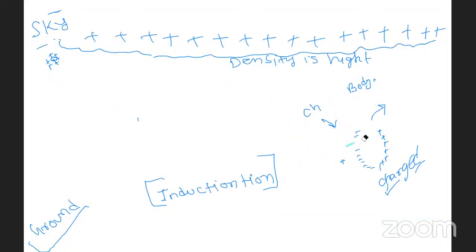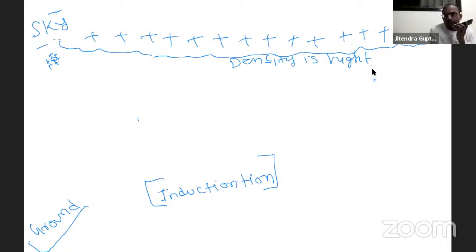So what will happen here? If the sky is positively charged, then the Earth will become charged by which charge? Positively, negatively, or not charged? Tell me.